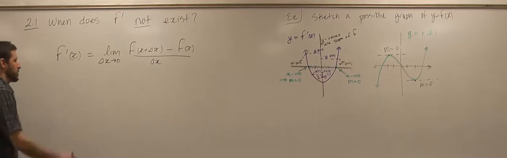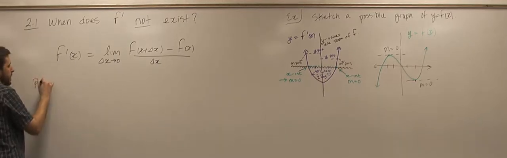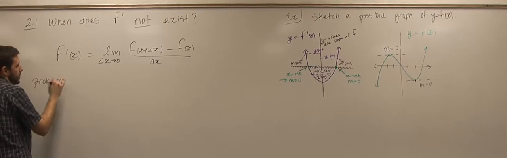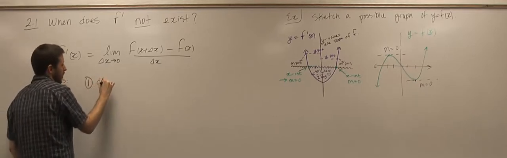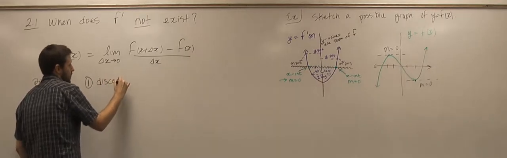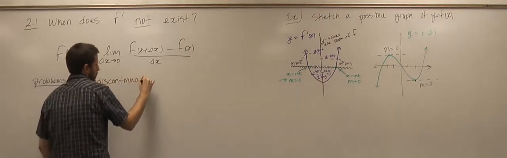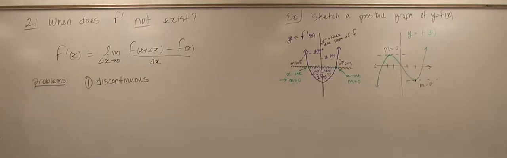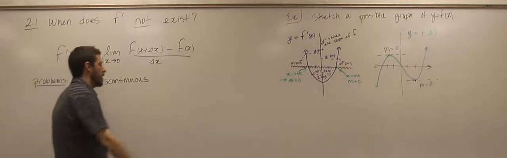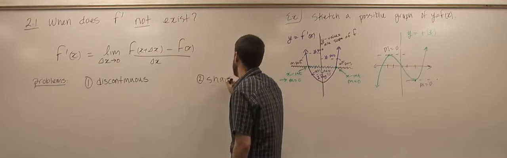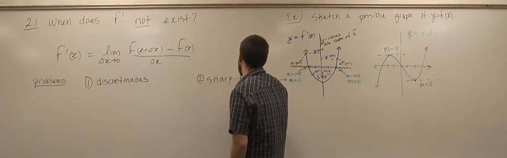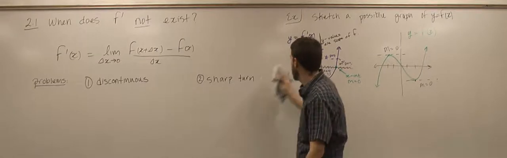So there's kind of three problems that you can run into. If a function is discontinuous at all, then the derivative won't exist there. If a function has a sharp turn, the derivative won't exist there.